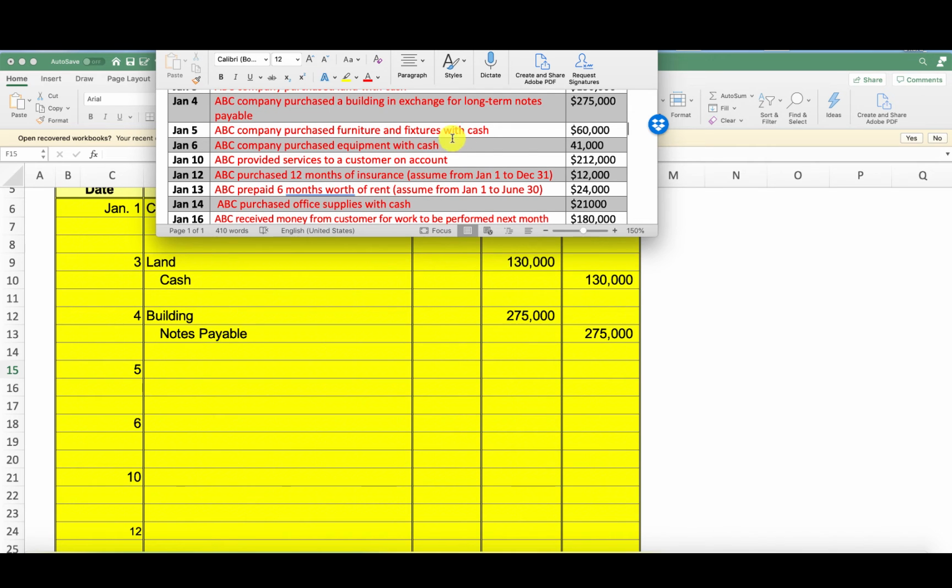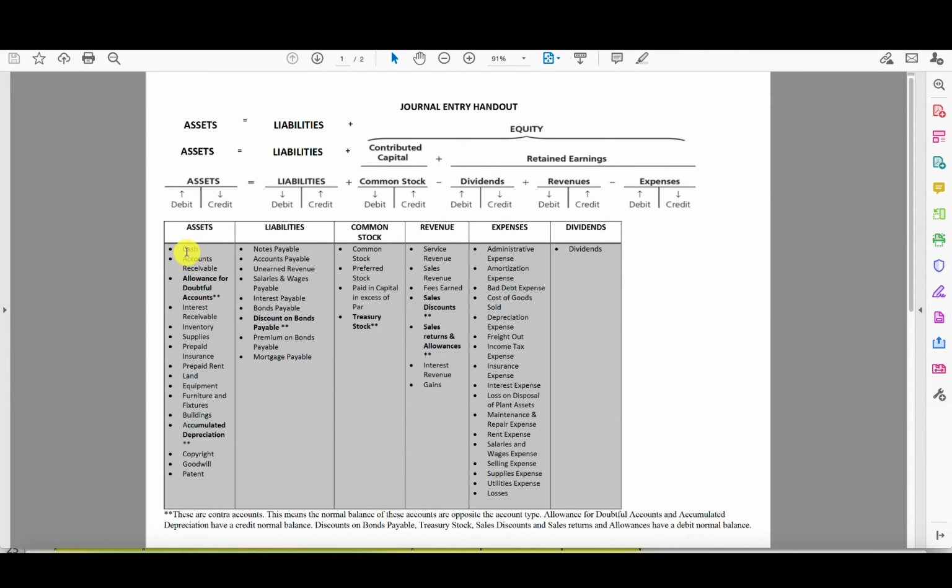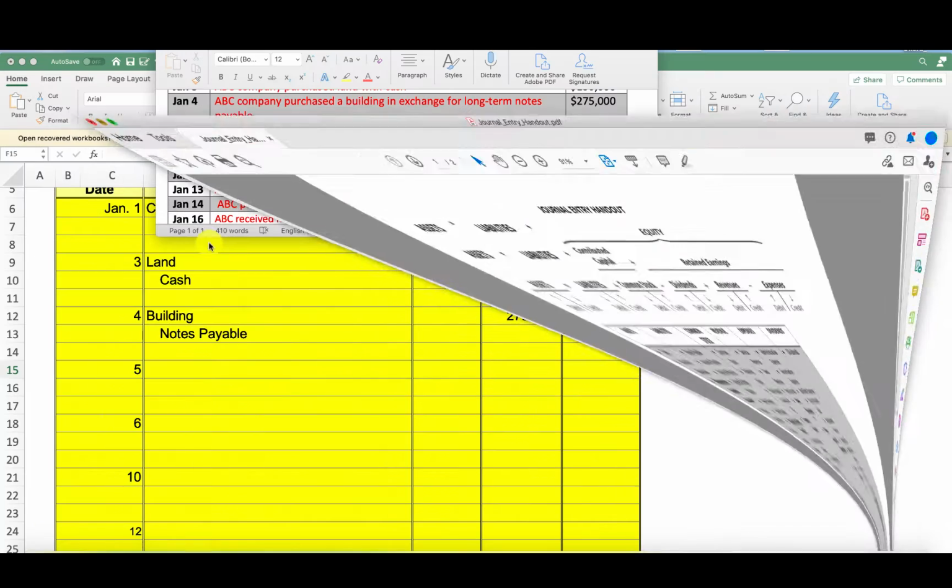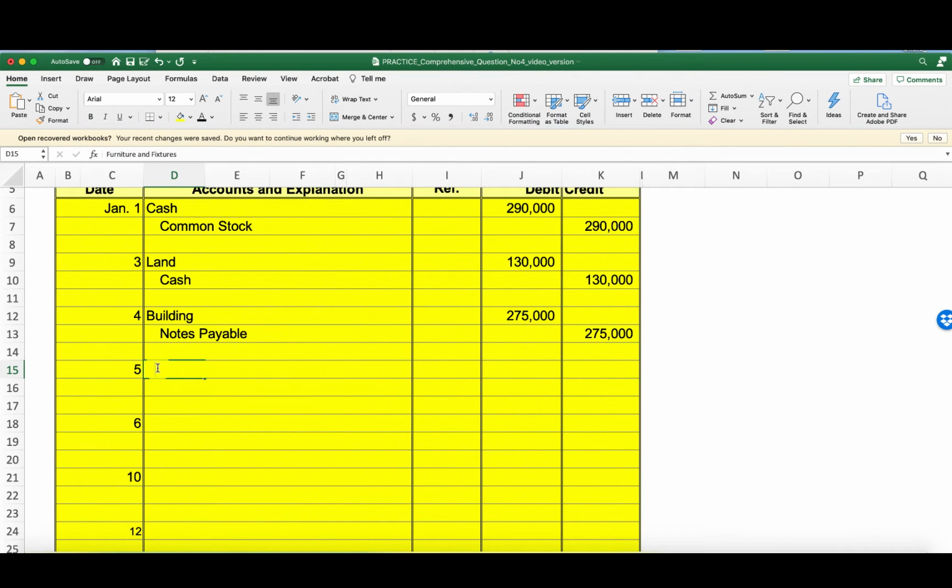ABC Company purchased furniture and fixtures with cash. So that's very similar to what we did before. We received furniture and fixtures. We gave cash. If you look at it here, cash is an asset. We gave cash. Cash decreases with the credit. So the other item has to be a debit. And what is that item? Furniture and fixtures. Okay, very simple. So I'm going to put in here a debit to furniture and fixtures and a credit to cash.